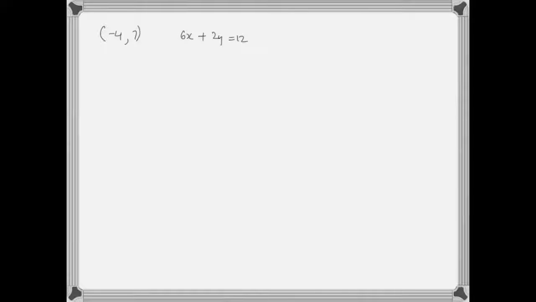So let's rearrange this equation into the form y equals mx plus b. 2y equals negative 6x plus 12. If I divide both sides by 2, the left side becomes y equals negative 3x plus 6.